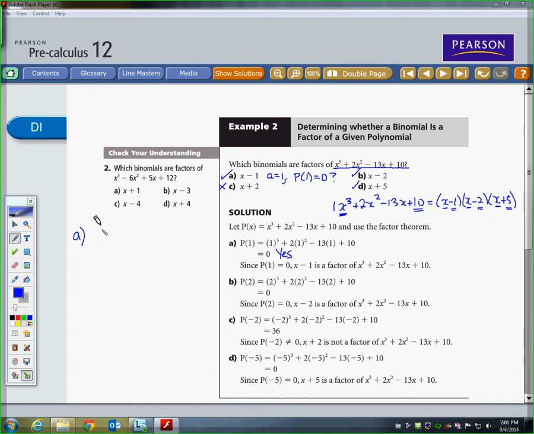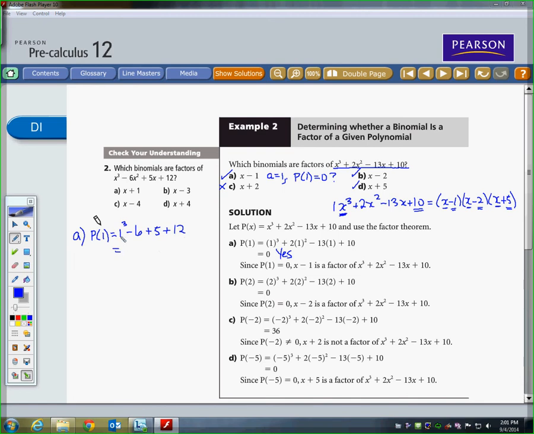So I'm going to plug in p of 1, which is equal to 1 cubed minus 6 times 1 squared, so I'll just say minus 6, plus 5, plus 12.